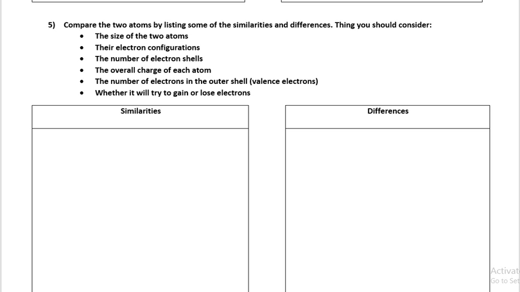The overall charge, both of them are neutral because they have an even number of protons and electrons. And lastly, fluorine will try to gain 1 more electron, easier to do that than lose all 7, and beryllium's probably going to try and lose 2 rather than gain another 6 to fill up its outer shell. So we're just listing those similarities and differences, and that way we're comparing and contrasting the two.